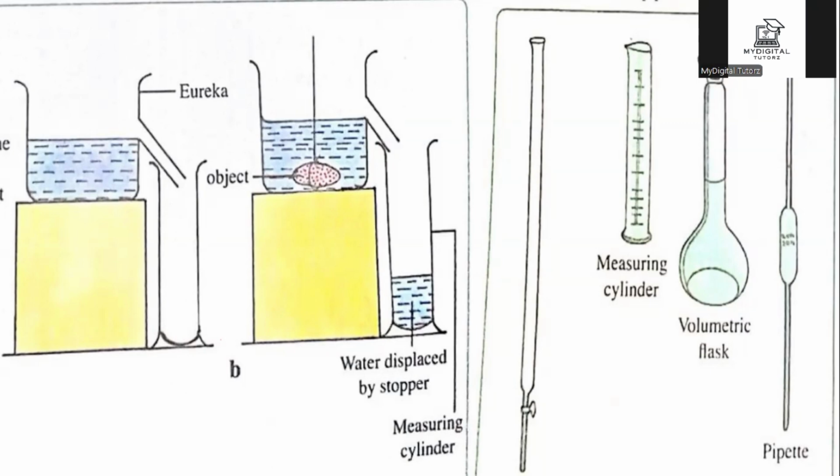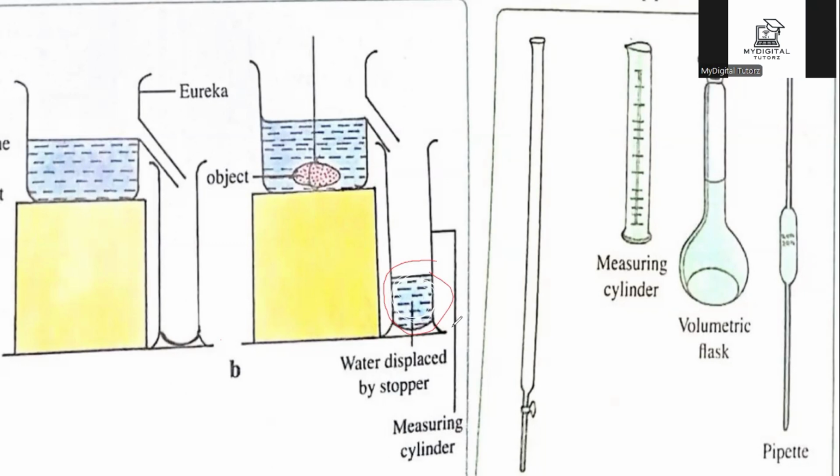So now the volume of that object is the volume of water displaced by the object. That is what will be collected here. You now take it to a measuring cylinder to measure the volume of the irregular object. Is that taken now? In WAEC, there's a question that asks you to explain how to measure the volume of an irregular shape. It's as simple as this. This is the setup.